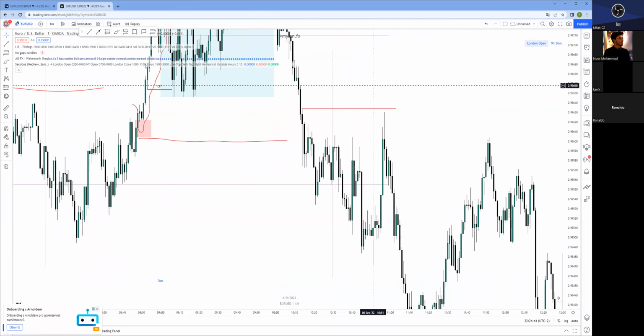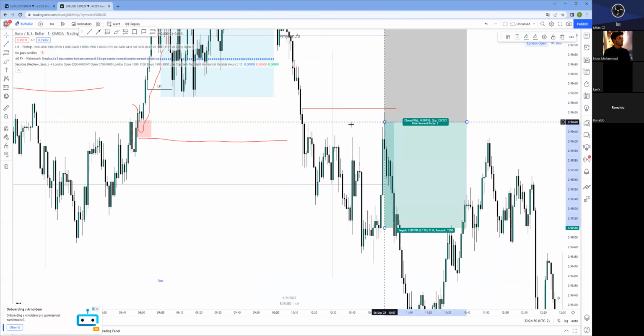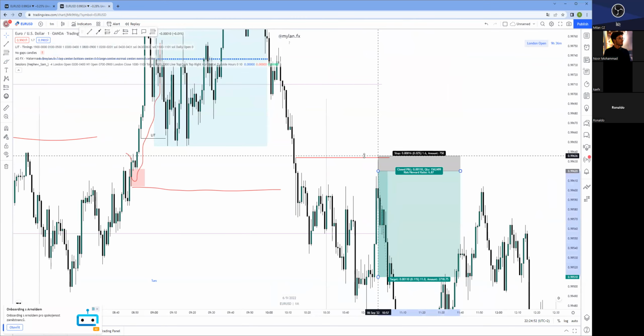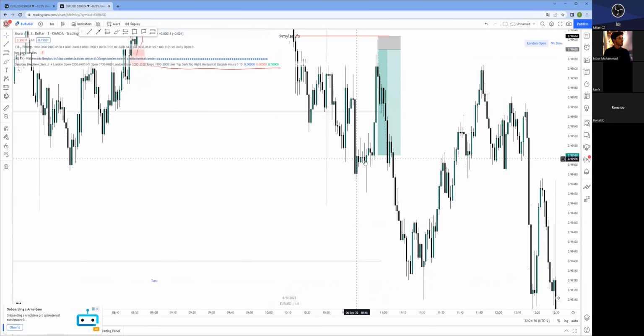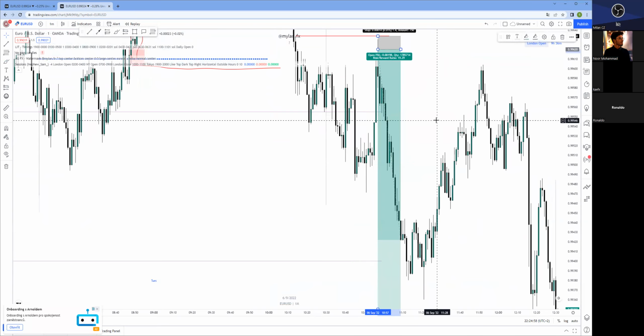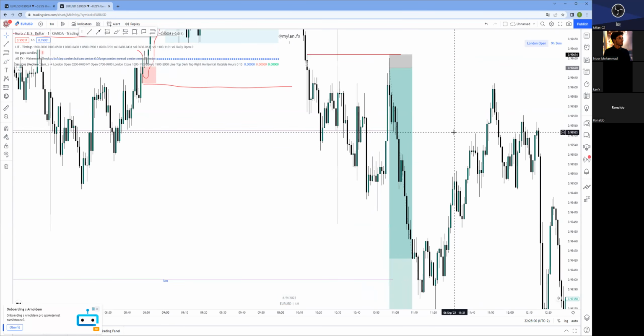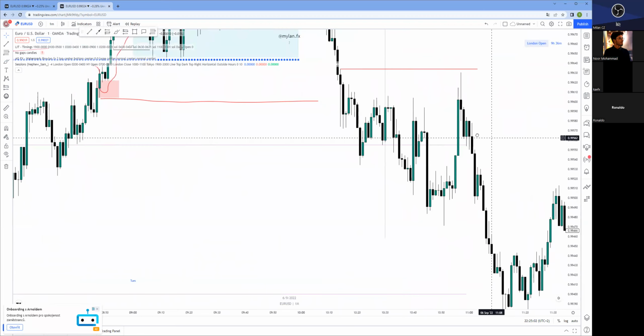Okay. The entry would be come back. This is the lead point. Yeah. So this is a possible trade as well. I'm taking only the highest probability trades. Right.